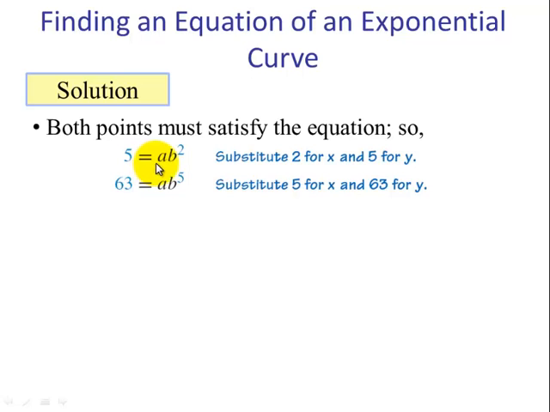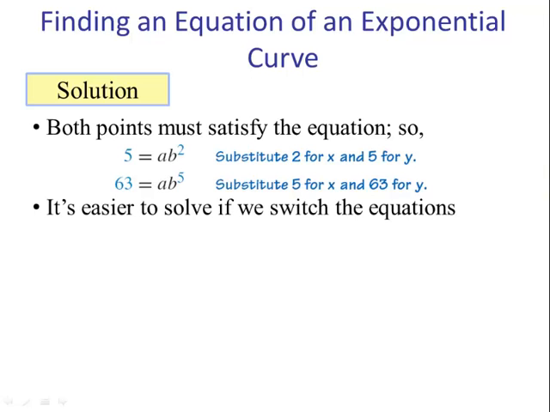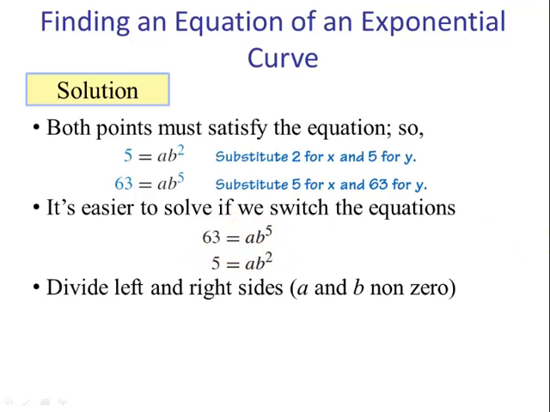If we substitute 2 for x, that will be equal to 5 for y. And for the other point, when x is 5, y is 63. Now this will be easier if we put the largest y value first and then the smallest. Why do we do this? Because now we are going to apply that property where we divide these 2 equations.